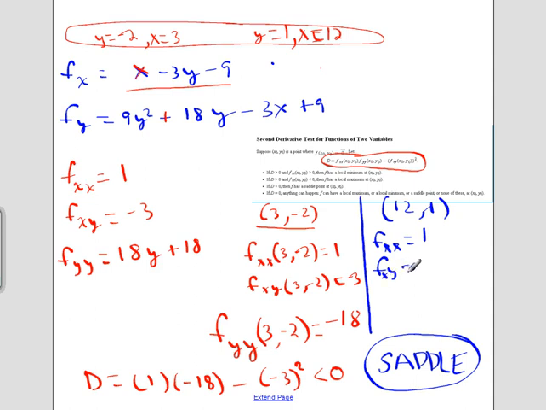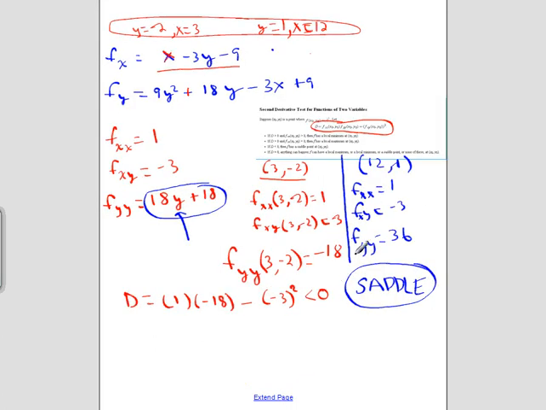The only value that's going to change is f partial y, which is going to equal, if I plug in the point 12 comma 1, we're just plugging in 1 in for y, that's going to equal 36. So for this value, we get D equals 1 times 36 minus 3 squared, which is greater than 0.